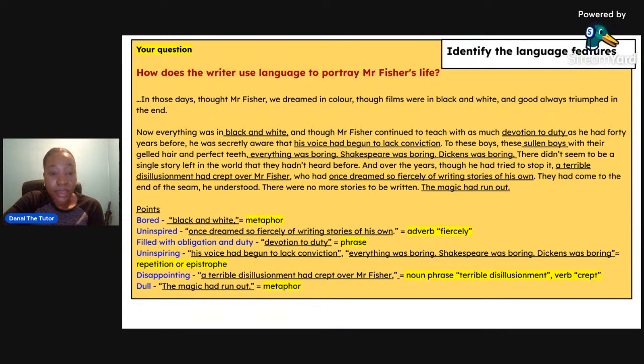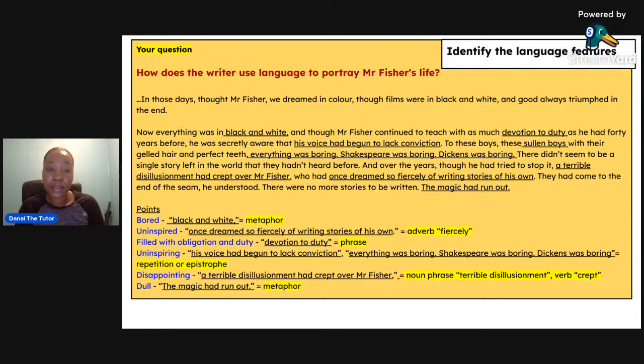And then finally, I'm looking at the language techniques, okay? Some of the things you may have, we've already spotted semantic field. But we can also look at the metaphor in the quotes. Now everything was in black and white. The adverb fiercely is really key in that second quote.